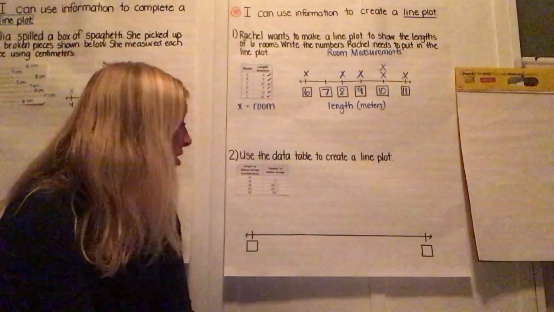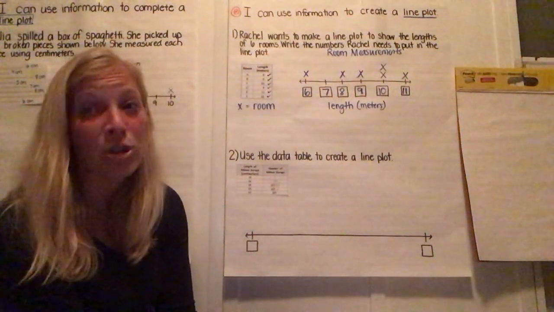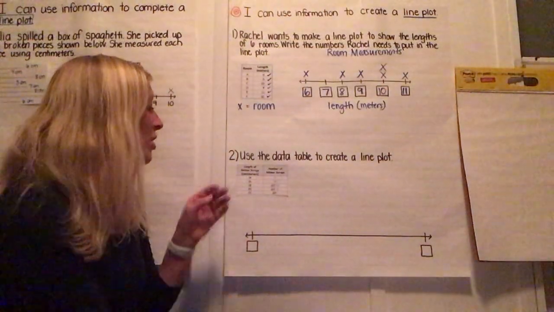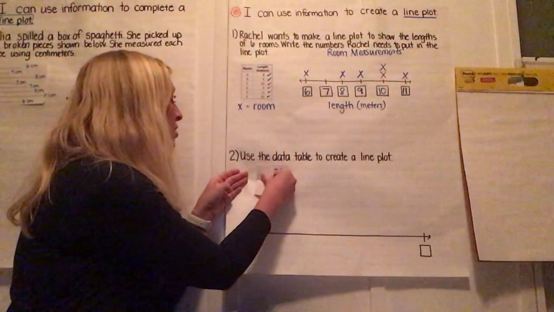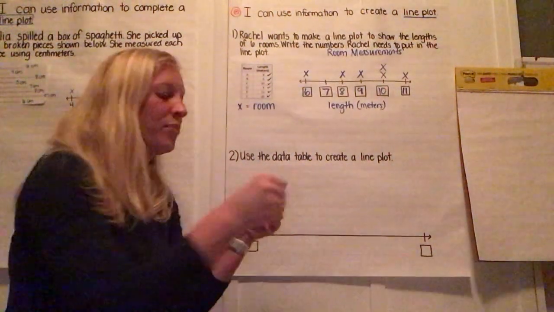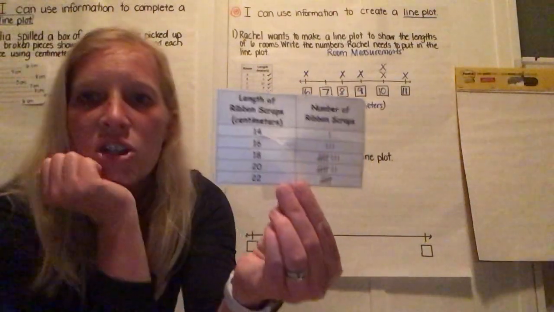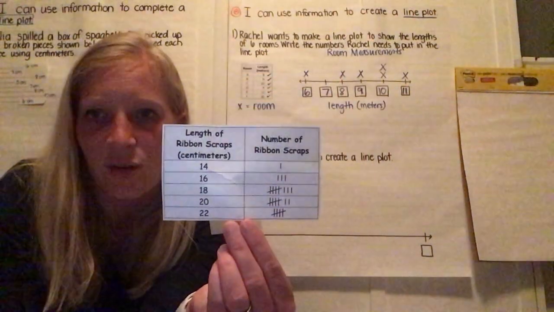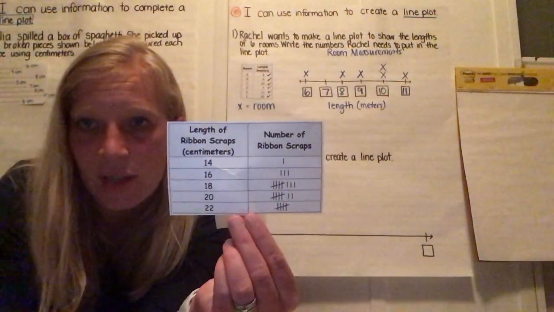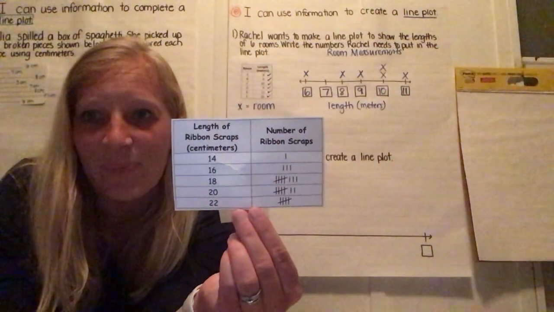So I'm going to walk you through it so you can see it, but you should be able to see it in your room as well. In fact, let me see it with your work as well, okay? Let's take a peek at this little chart, all right? What do you see? We're measuring ribbon scraps, the length of ribbon scraps, and we're measuring them in what?